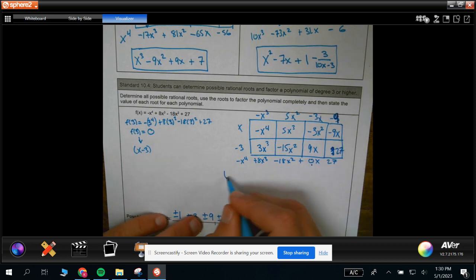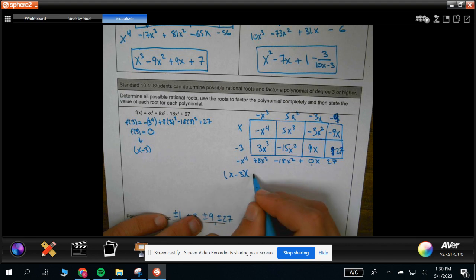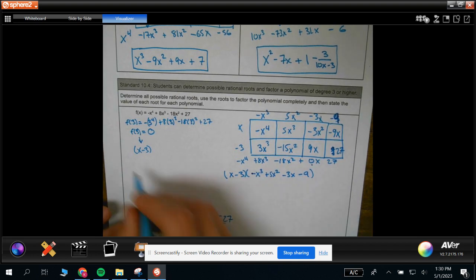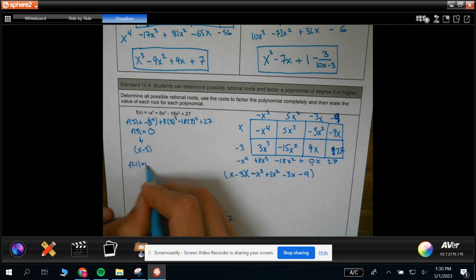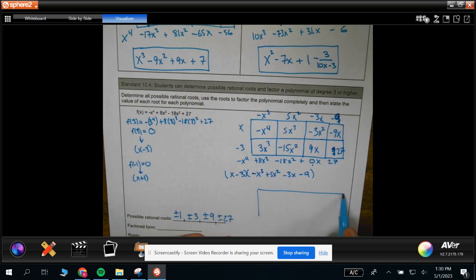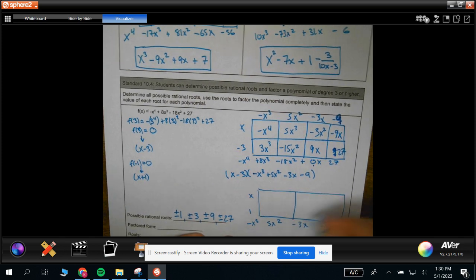So it works. Great. So now I factored the original into x minus 3 times negative x cubed plus 5x squared minus 3x minus 9. Okay, what's my other factor? After some testing, I can find that f of negative 1 equals 0, which means x plus 1 is a factor. So I'm going to do Polydoku again with x plus 1 into my cubic. Again, give yourself plenty of room.